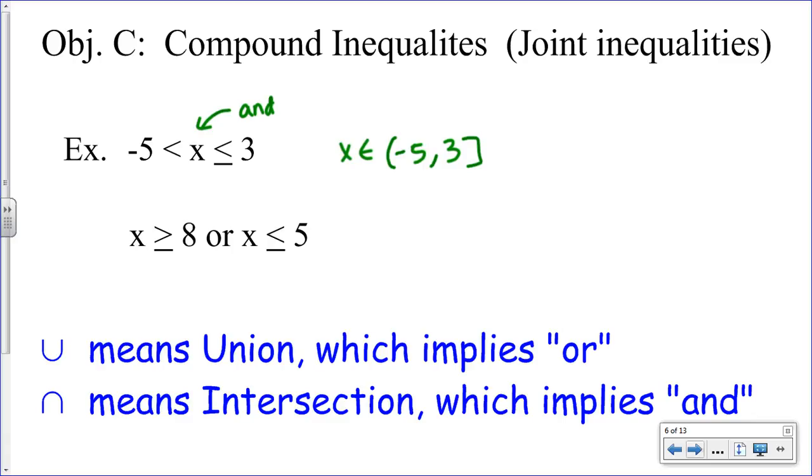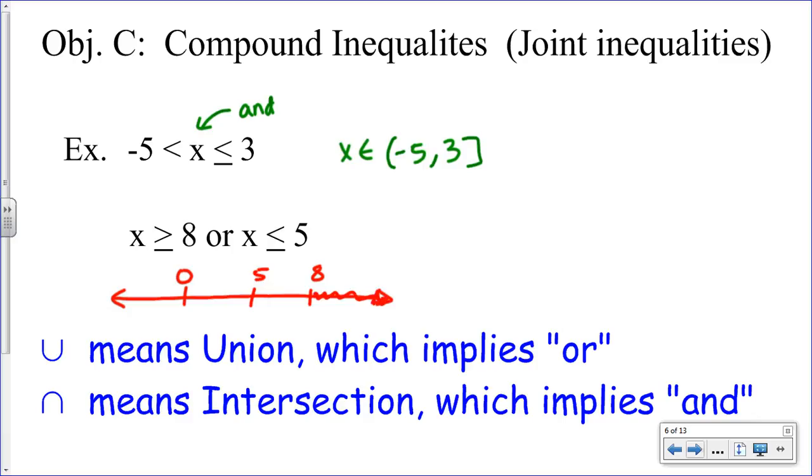So when we talk about or, let me graph again so we can get a picture of what the intervals are. So we have 0, 5, and 8. I'm greater than or equal to 8, so that's right of 8.